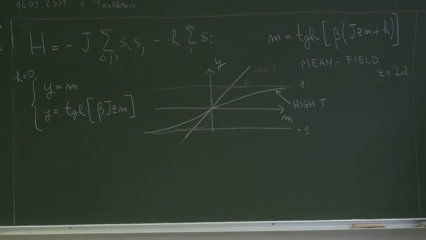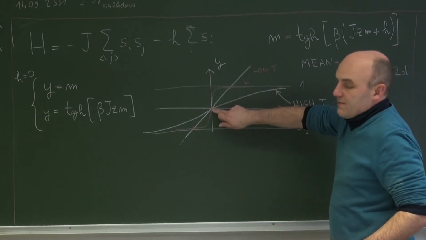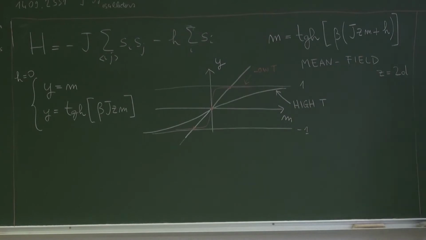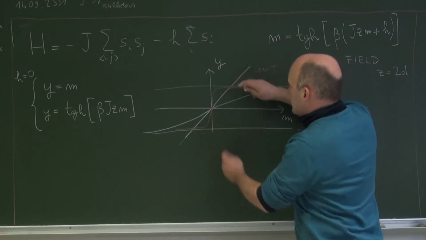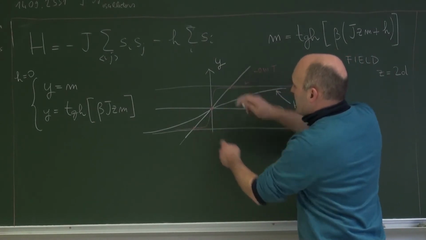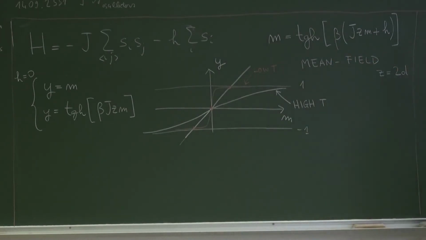So what is this describing? Starting from high temperature, we have only one solution. Magnetization is equal to 0. This is the paramagnetic phase. However, when the temperature goes sufficiently small, then you have more solutions, and you have ferromagnetism, spontaneous magnetization.